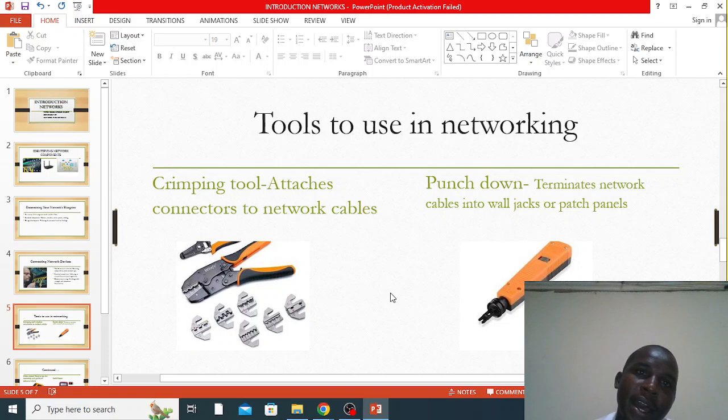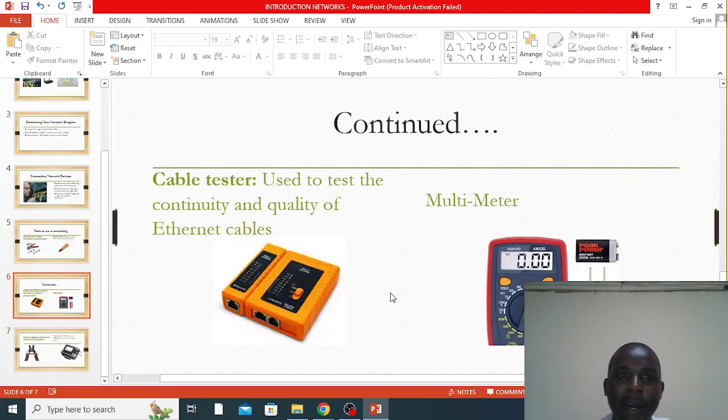So in the case where you are having an office setup for networking, you use the punch down to terminate such kind of cables that would be used to connect to the wall. And then we have another instrument that is called a cable tester. What's the function of a cable tester?